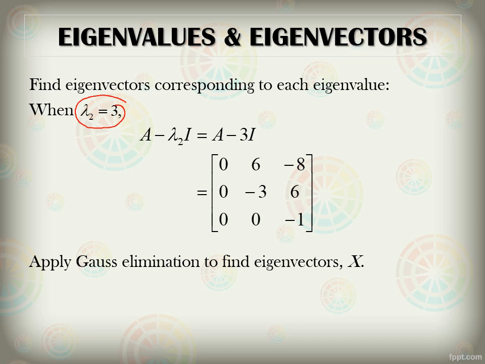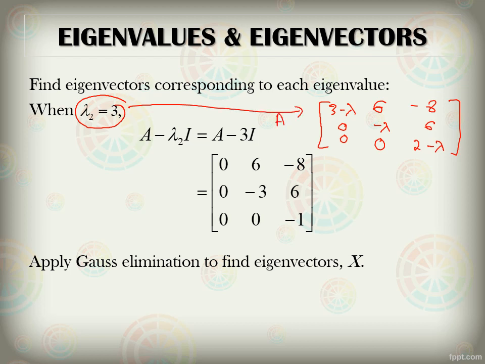When you substitute 3 into the matrix A minus lambda I, with entries 3 minus lambda, 0, 0, 6, 6 minus lambda, 0, minus 8, 6, 2 minus lambda, what you have is 3 minus 3, which gives 0. The lower elements remain, the upper elements also remain, only the diagonal will change according to the value of your lambda.